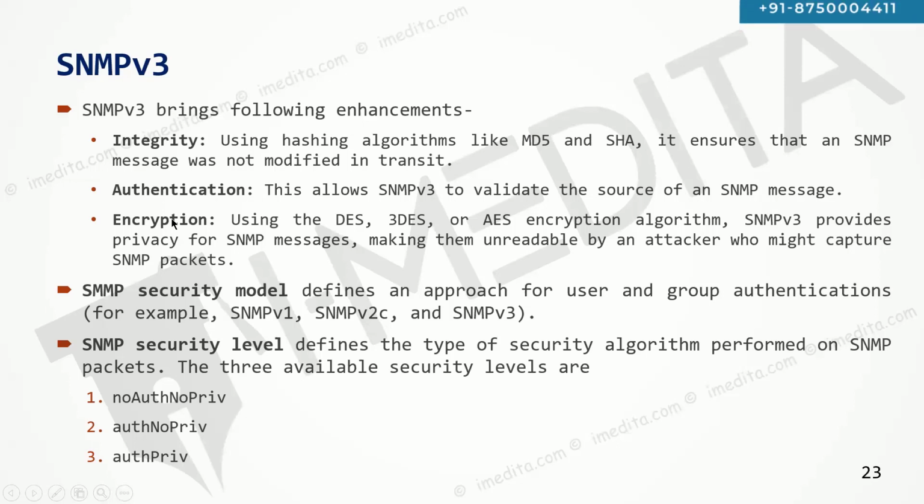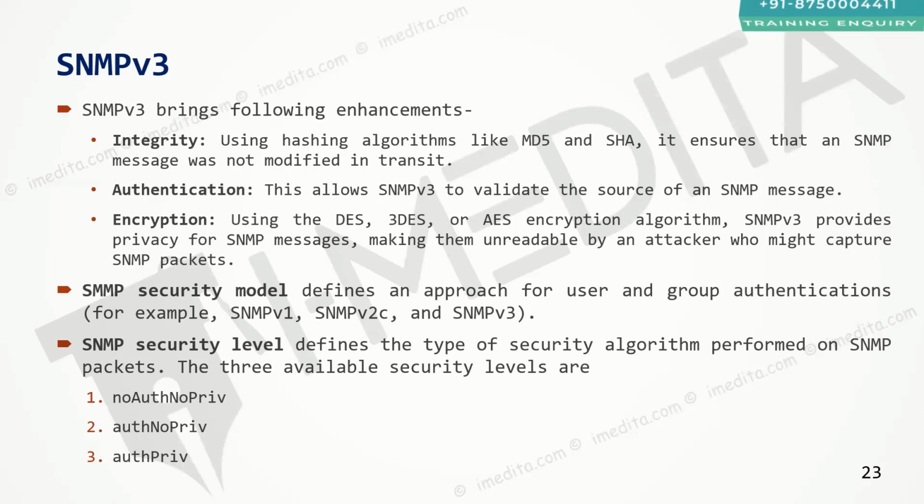Encryption: all the messages that pass between the SNMP agent and the NMS can be encrypted using algorithms such as DES, triple DES, or AES, so that the messages become completely unreadable to an attacker who might try to capture these SNMP messages. So the advantage of using SNMP version 3 is that it provides additional security over regular SNMP version 1 and version 2 messages.